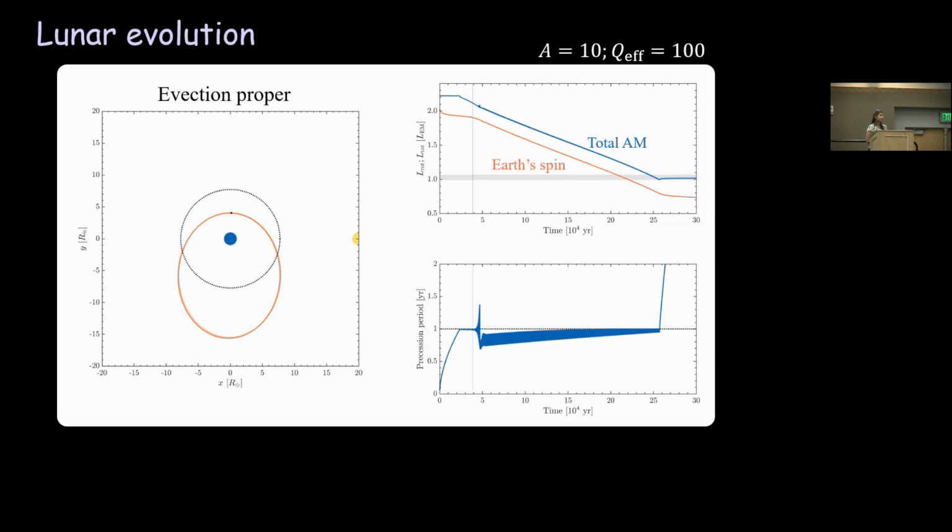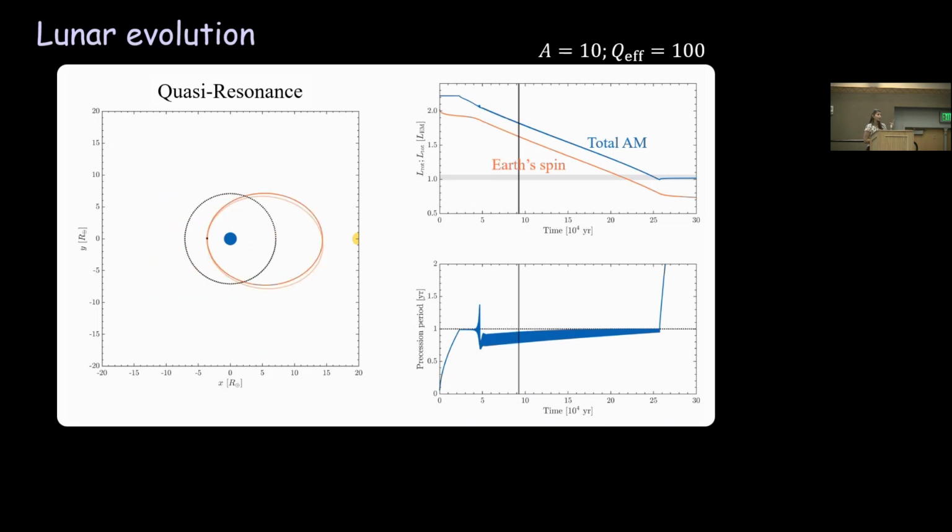Earth-Sun system. And as you can see, initially the moon librates around this 90 degrees between the Earth, moon, and the sun, but eventually these librations grow, and it's going to enter a regime which we call the quasi-resonance, where the eccentricity is still being controlled by the sun, and the angular momentum is still being removed from the system, but the precession period oscillates around a value that is smaller than 1 year.